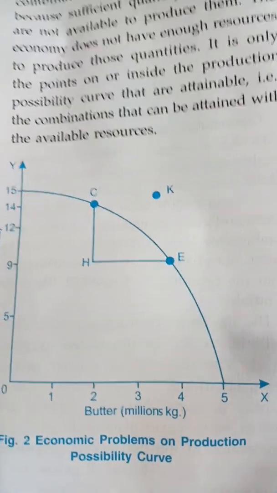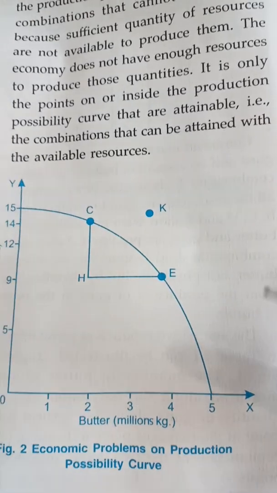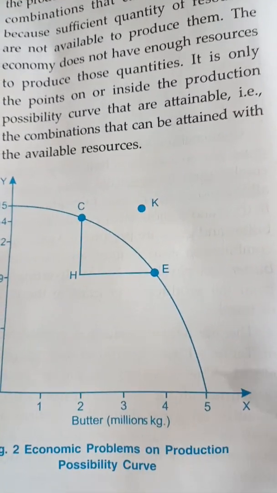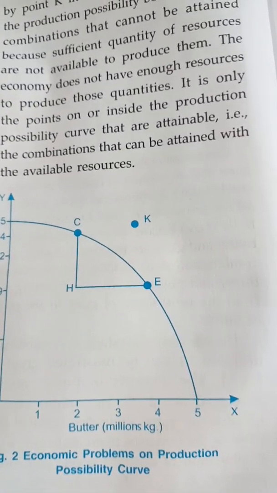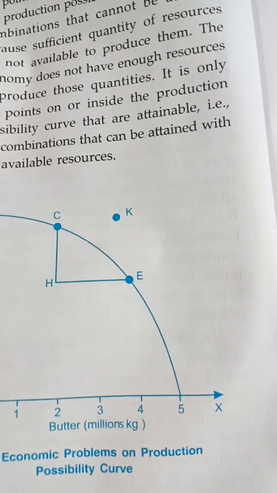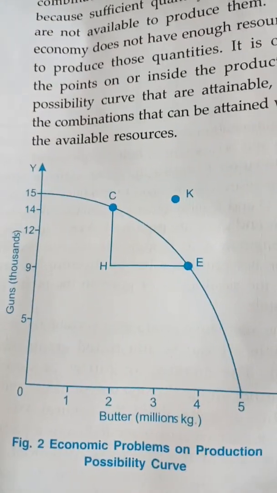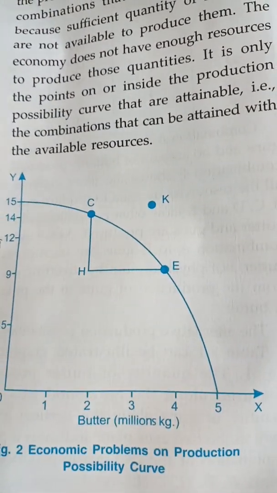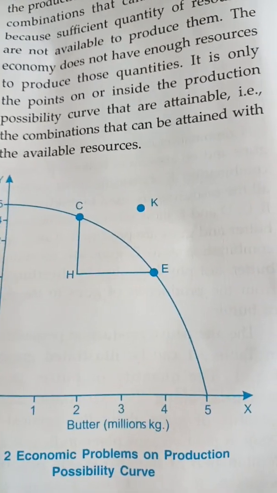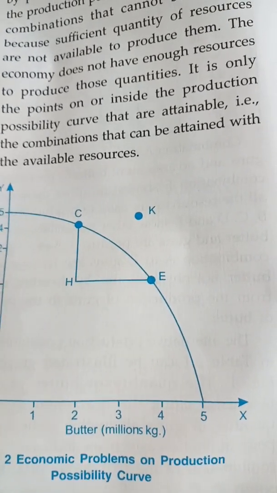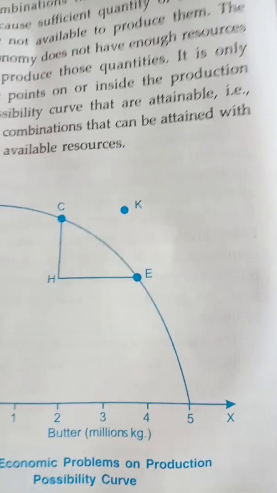But this combination of the two goods cannot be attained, because the resources are not enough in the country. That is why this point K implies that the problem of scarcity is there.